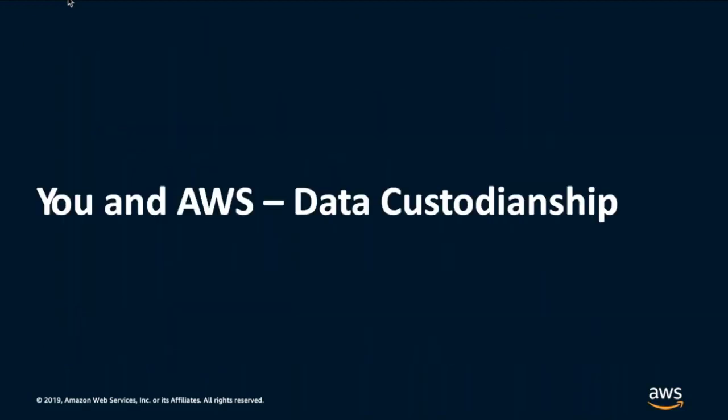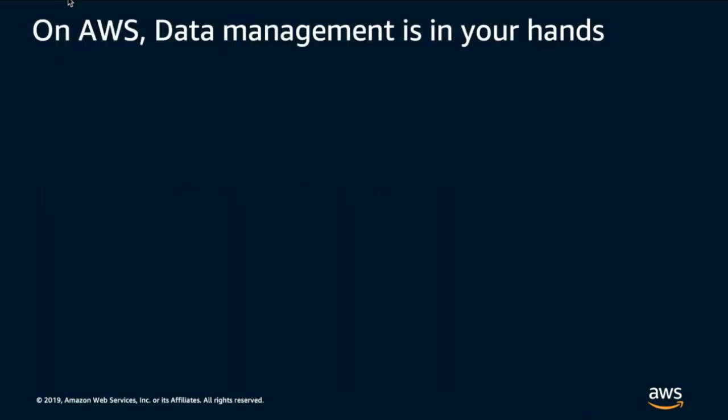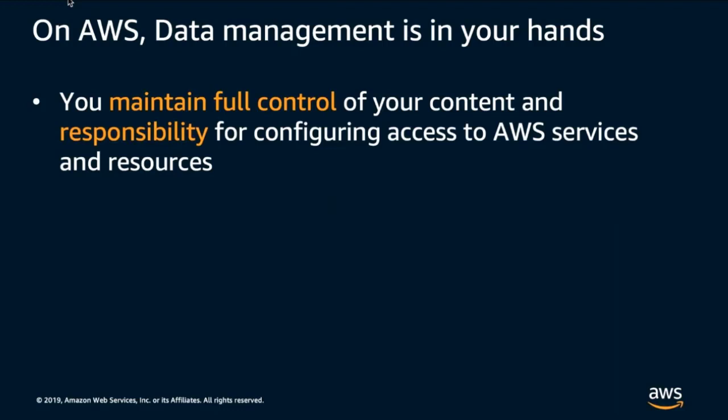So let's talk about the relationship between you, the customer, and AWS in regards to data custodianship. On AWS, data management is in your hands as the customer. You maintain full control of your own content and responsibility for configuring the access to different services and resources.